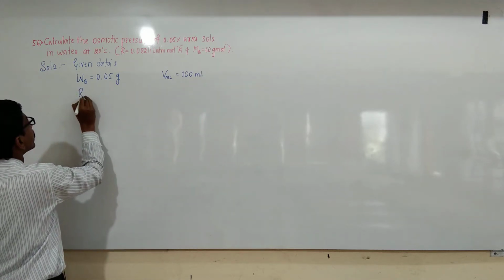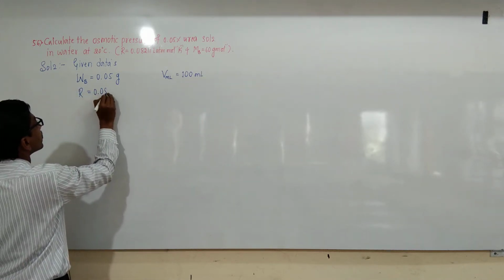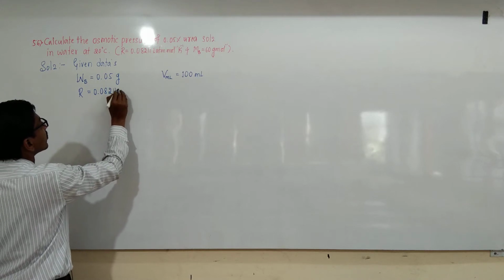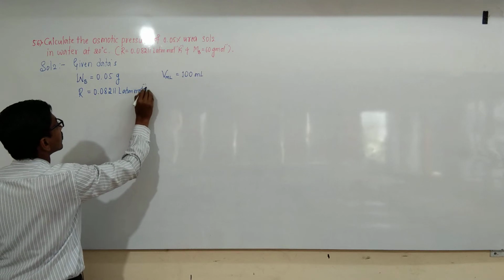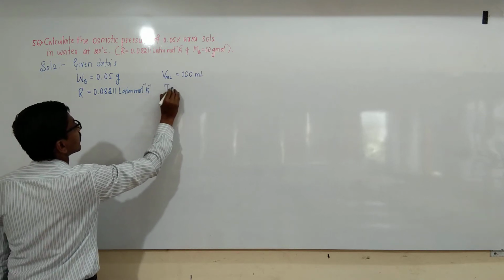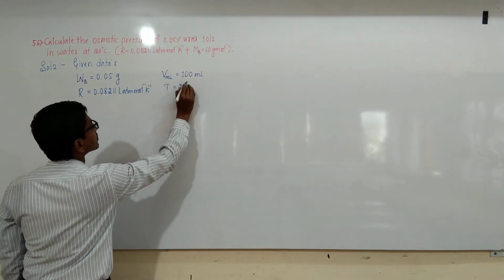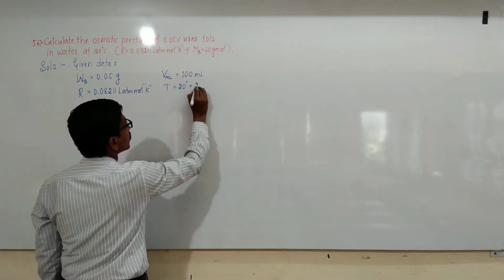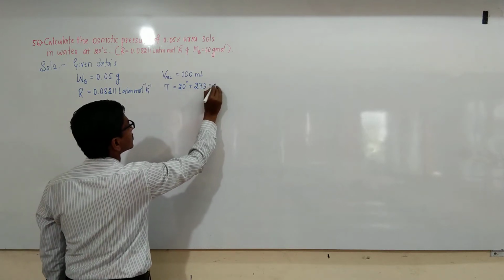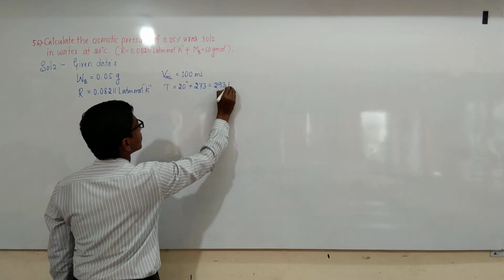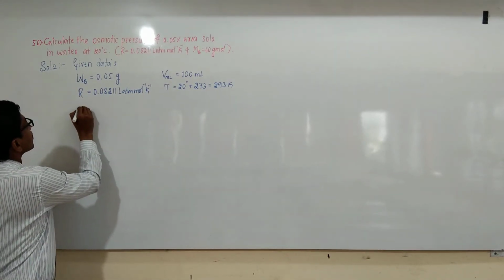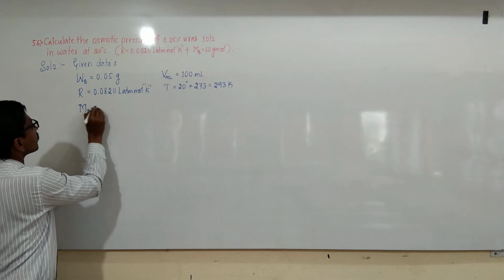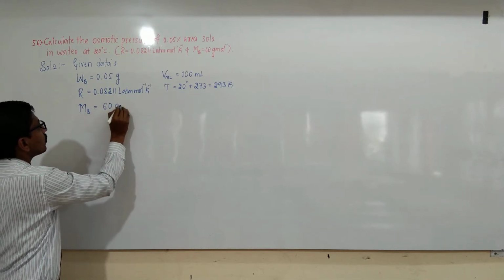And R value is 0.08211 liter atmosphere per mole per Kelvin. Temperature is 20 degrees Celsius plus 273, this is 293 Kelvin. It is converted into Kelvin. Then molar mass is also given, that is 60 gram per mole.